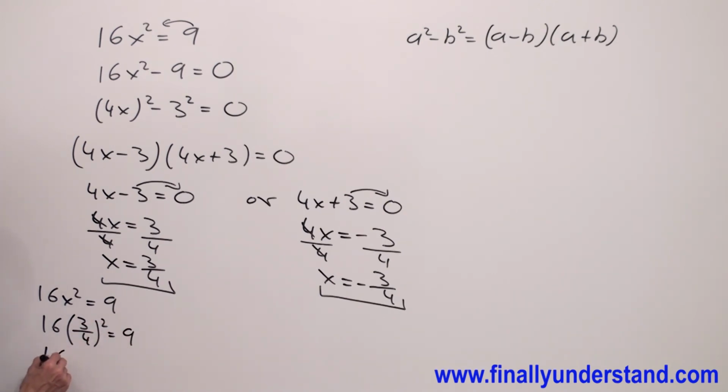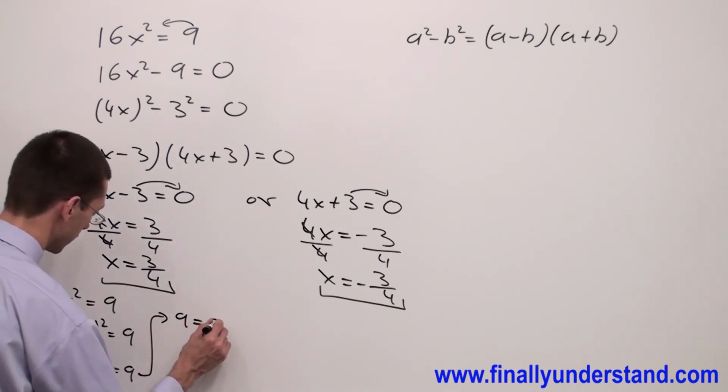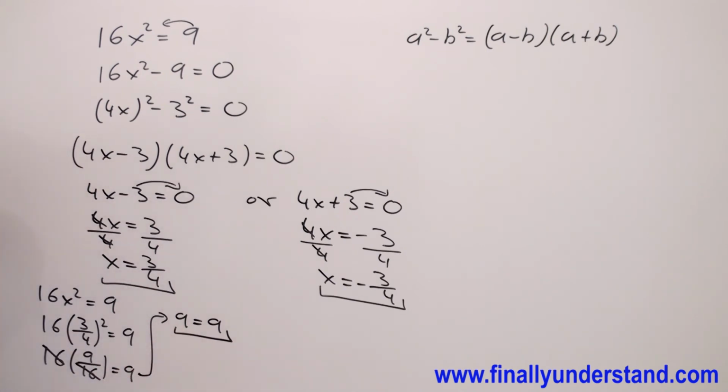So I have 16 and I have 9 over 16 is equal to 9. 16 and 16 will cancel out, and I have 9 equals 9. The left side of my equation is equal to the right side. That's why this is the correct answer.